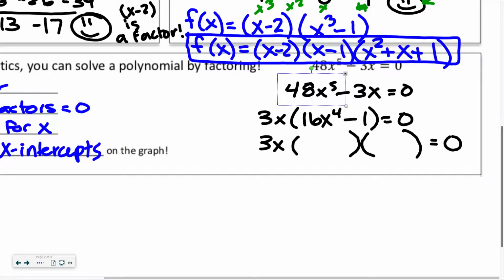So what's the square root of 16x to the 4th? 4x squared. So that's our first term. And of course the square root of 1 is 1. So the 2 factors look exactly alike except one is plus and one is minus. That way your outside and inside terms would disappear. So you don't have any x squared terms. Okay, is that factored completely?